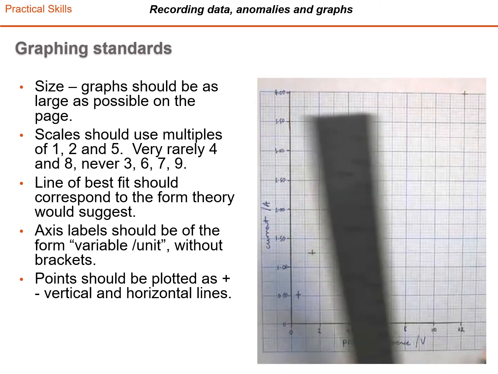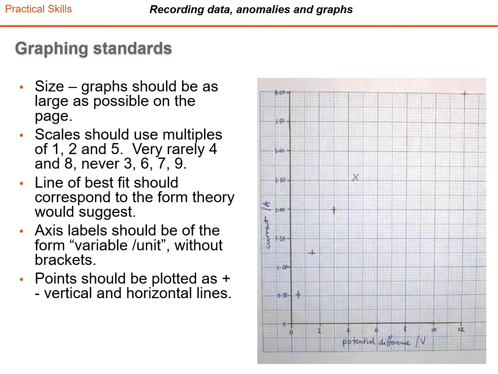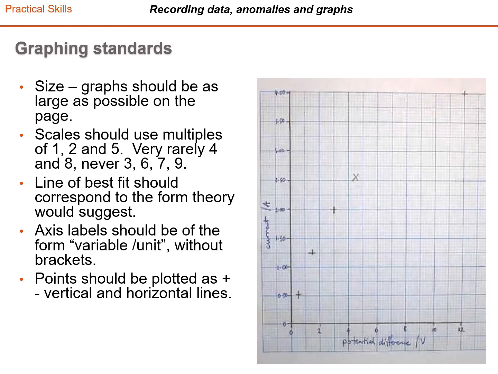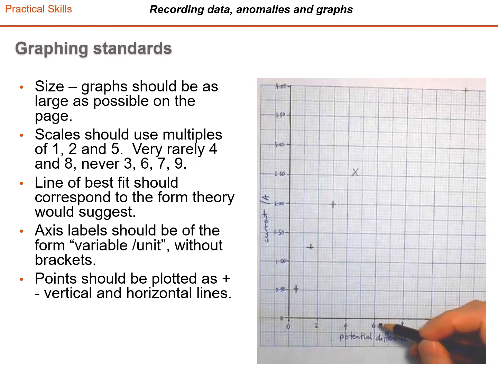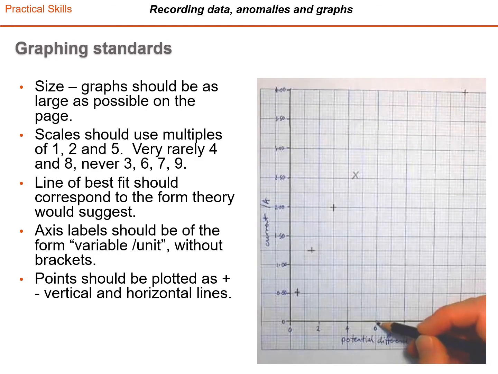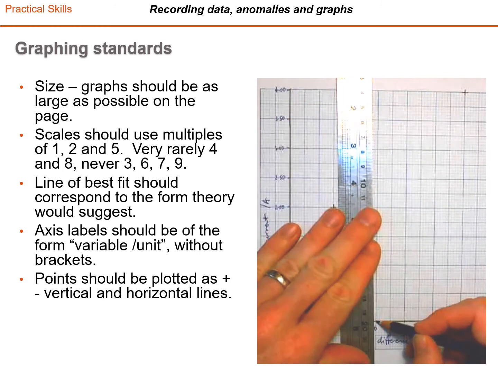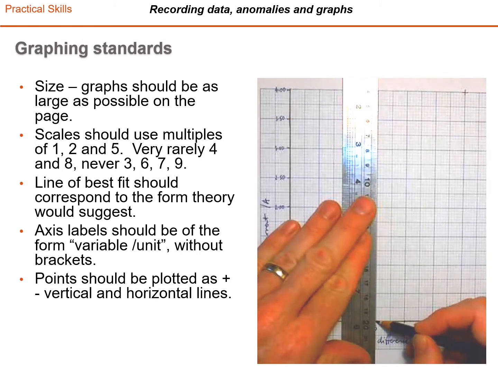So here's the way that I would recommend you are always drawing your points, and actually the benefit of this is, well, we'll see it in later lessons when we start looking at error bars. With a plus, what we do is we firstly plot the horizontal value. So we need to plot one at 6 volts and 2.95 amps. So I find my 6 volts here on the x-axis, and I'm going to lay my ruler on the graph paper.